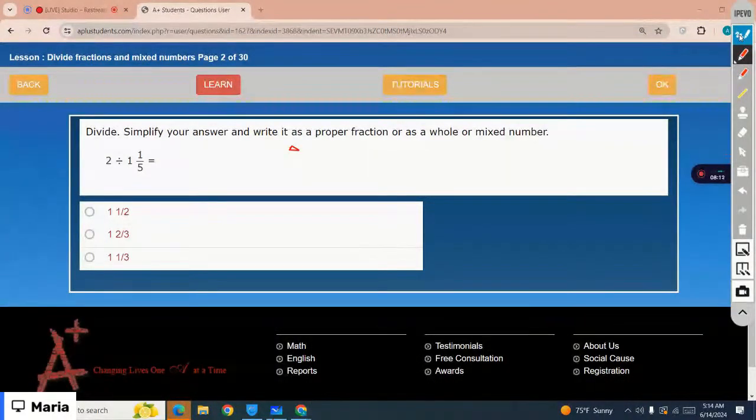Solve the fraction on the other side. That would be 2 over 1. And 5 times 1 is 5, and 6 over 5. Now convert: 5 times 2 is 10, and 6 times 1 is 6.